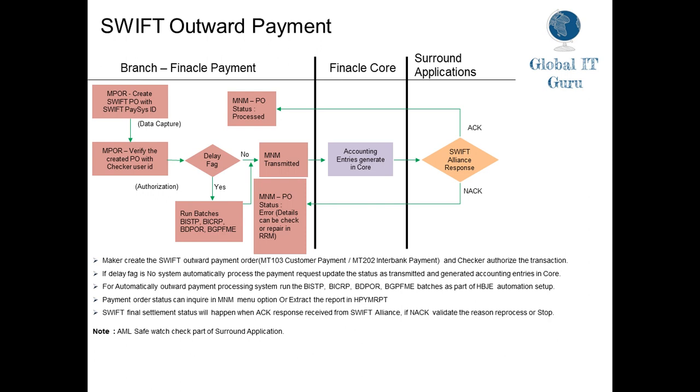If not, then they will send a response with error related information, like account not found. So here we have NACK or ACK. If you receive a positive response, they will send a response that your payment is processed. If not, they will send that your payment is not processed.